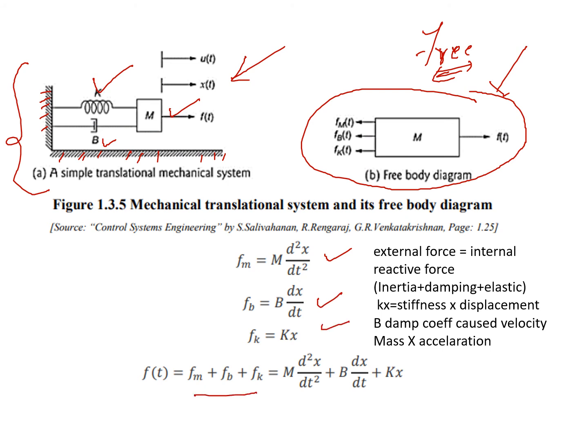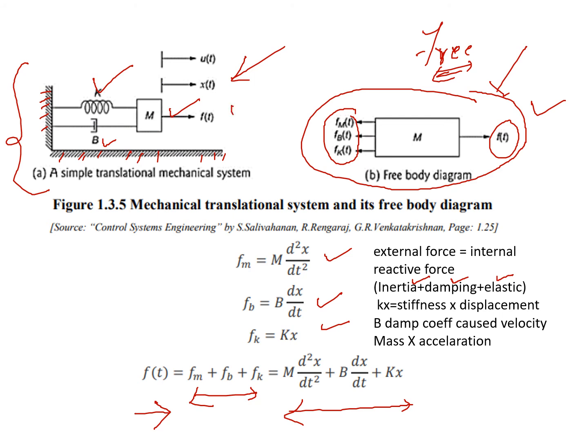These 3 forces combined give this equation: the external force you are giving will be opposed by 3 individual forces, due to inertia, due to damping and due to elasticity. So this is a free body diagram because you have only the forces being experienced here. Any other thing is assumed to be taken away from the diagram.